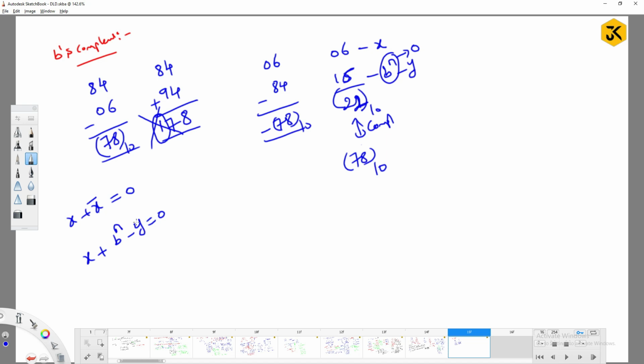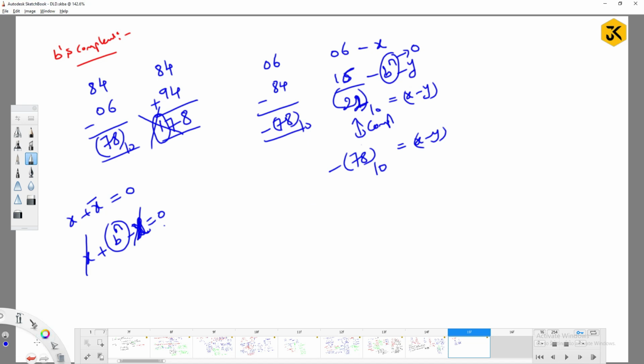If I want to make it 0, b power n should be 0. That's why with b power n as 0, you are going to get x minus y. If I perform the complement here, this should be minus of x minus y. So x minus y is minus 78 in base 10.